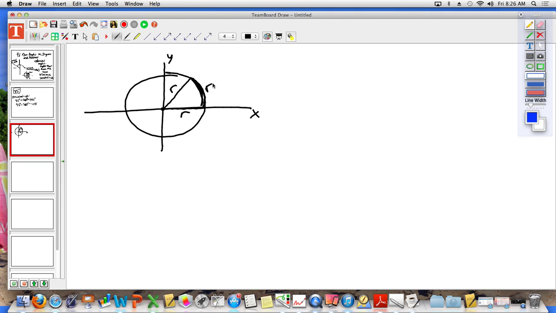So this is an r also. It looks like a piece of pie, kind of trapped between 3 equal radii. Radii is plural for radius, so I'm talking about 3 radii that make up a piece of pie. Are you with me here? Does anybody remember what this piece of pie is called?